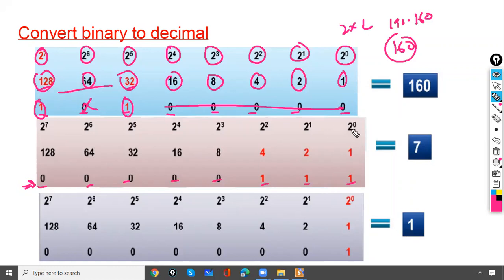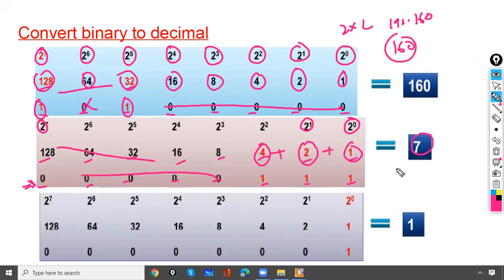After that, you will write the 2 power series from 2 power 0 to 2 power 7, or directly you can write the values 1, 2, 4, 8, 16, 32, 64, and 128. Then you will consider only the values above the binary ones: 4, 2, and 1. 4 plus 2 is 6, 6 plus 1 is 7. You will get 7 and you will ignore the zeros.